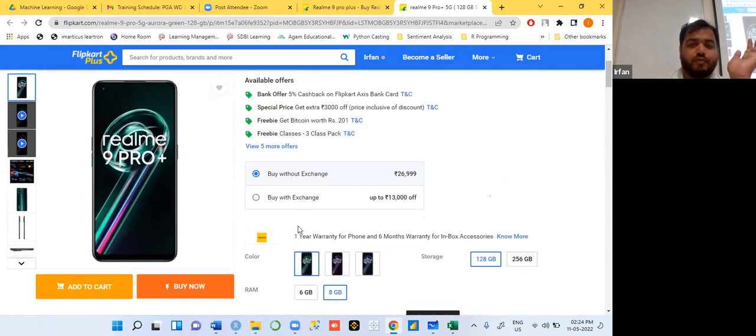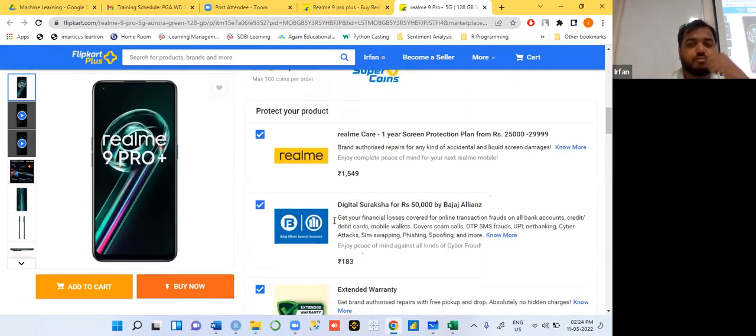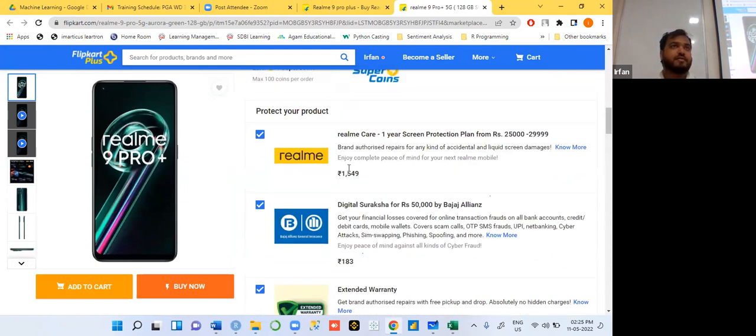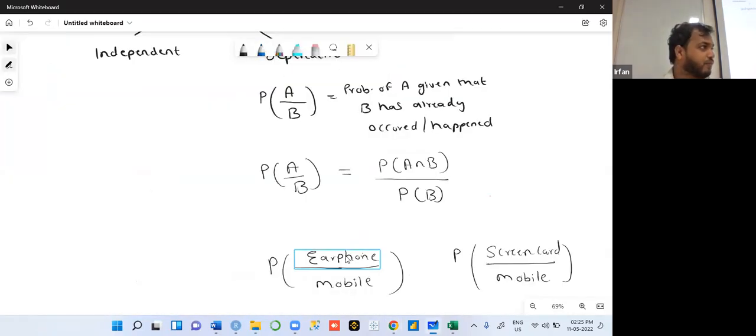And below, they start giving you a suggestion. Purchase this also. So you're clicking, they assume you have already purchased. Means you are going to purchase it. It is 100% confidence. And they keep on giving a suggestion, buy all three. Got the point? So probability of buying mobile given that he has a headphone.